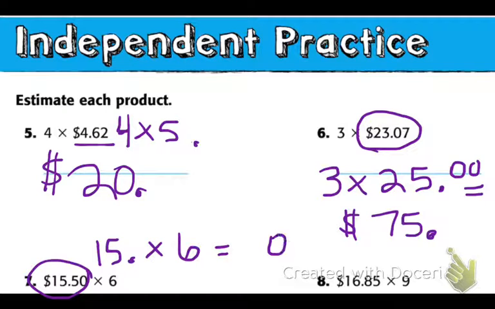It's not the perfect, exact answer. Instead, it's what's close to it. Okay, and I know that 15 times 6 is pretty close to 90. So if I were to actually multiply these numbers, it would have an answer about 90. If it wasn't close to 90, it would be incorrect.